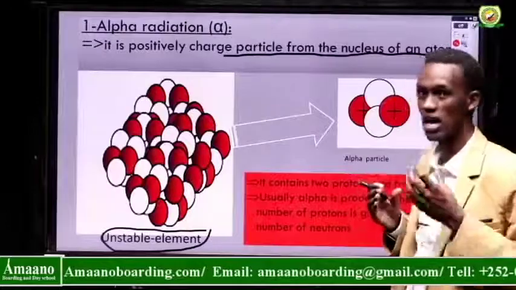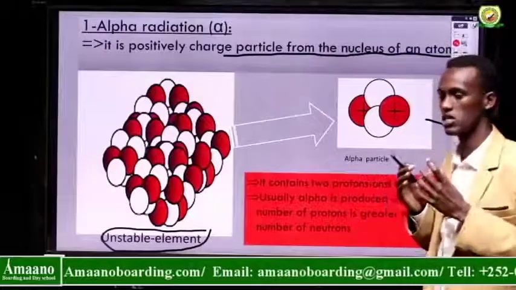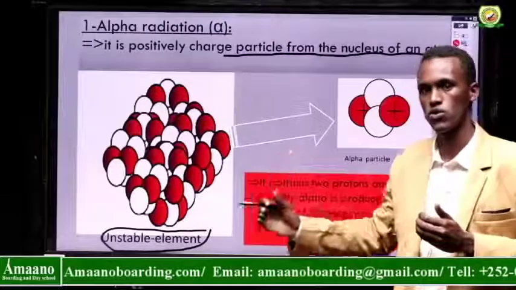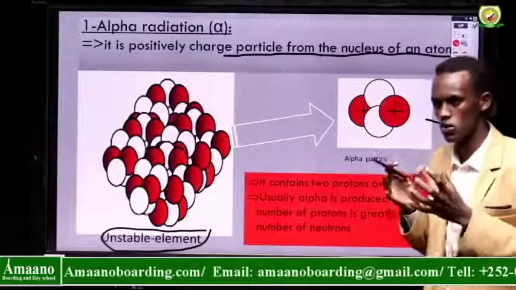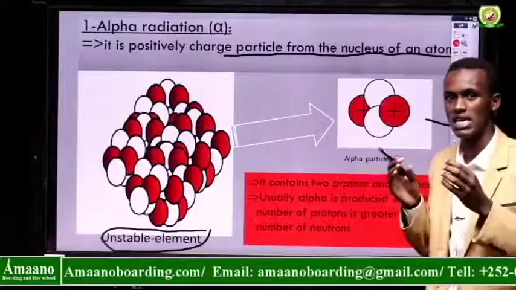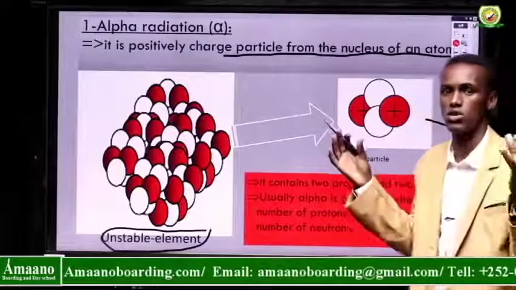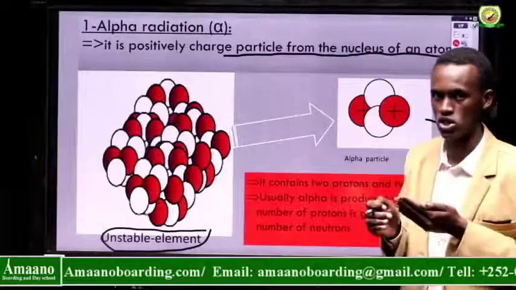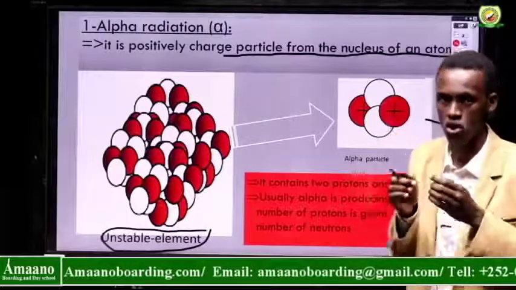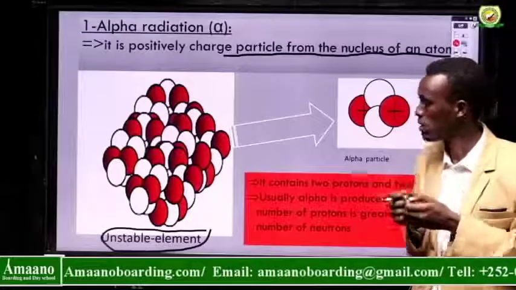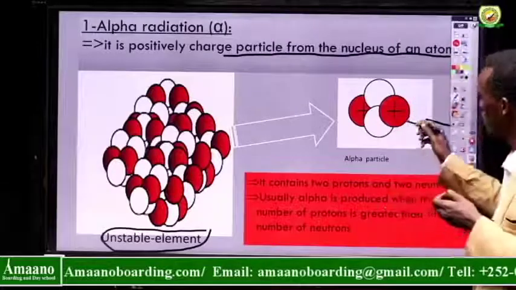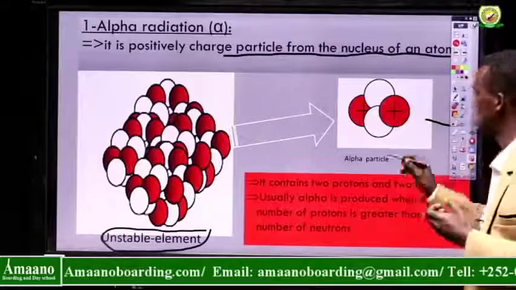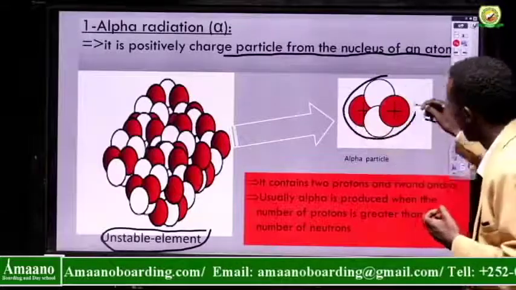Okay, usually alpha particle is released when the number of protons is greater than the number of neutrons. When the number of protons in the nucleus increases, their repulsion force increases. So some of the particles in the nucleus are released to make that atom stable. For example, when 2 protons and 2 neutrons are released, that particle is called alpha.